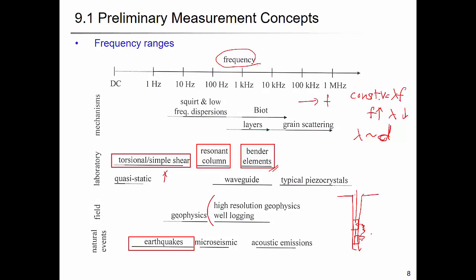Using this kind of concept, you can measure the P and the S wave. And because the distance between source and receiver is short, compared to the SASW or the crosshole, you have a higher frequency than the conventional geophysical characterization methods. Earthquake, microseismic, and acoustic emissions are in the range of this frequency.